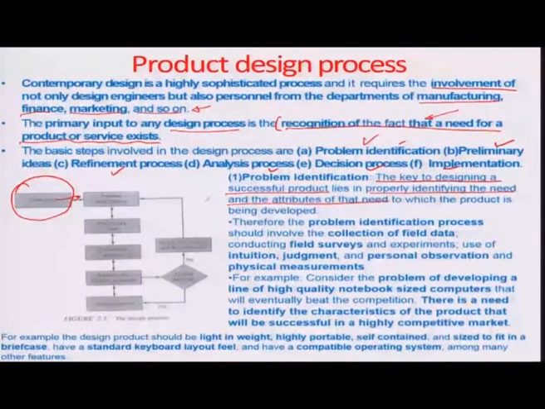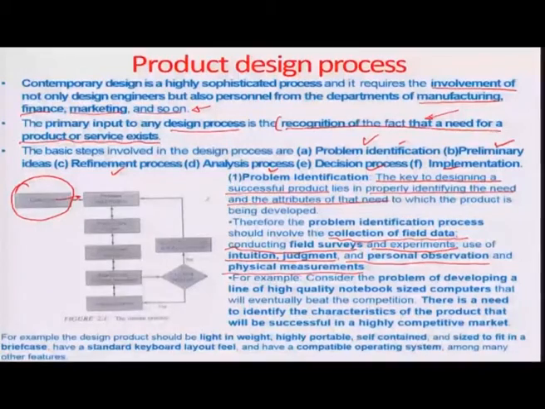Therefore, the problem identification process should typically involve collection of field data by talking to various consumers who are interested in buying the particular product, conducting field trials, field surveys and experiments to understand the psychological mapping and behavior, and then use of intuition or judgment, the personal observation of a designer, and sometimes physical measurement, so that the proper problem can be zeroed in on or identified.